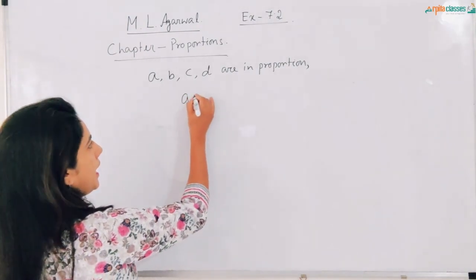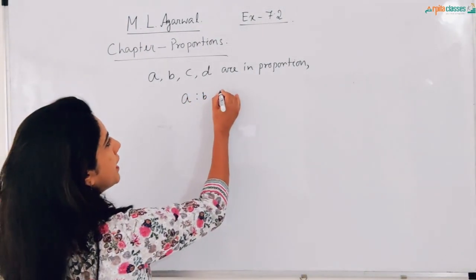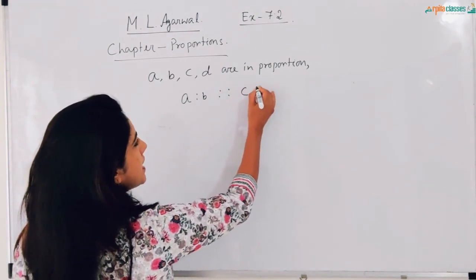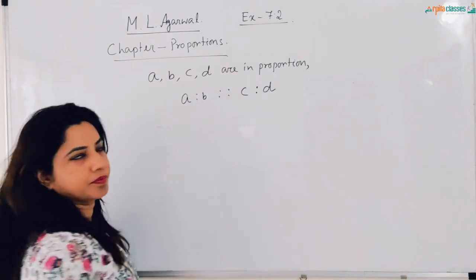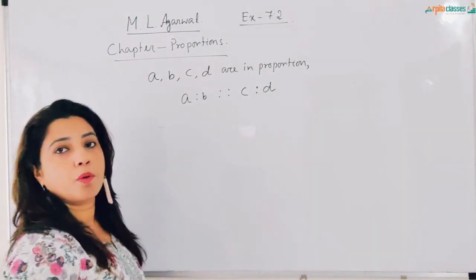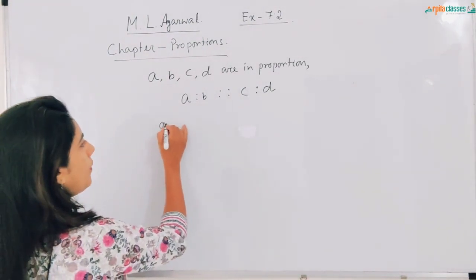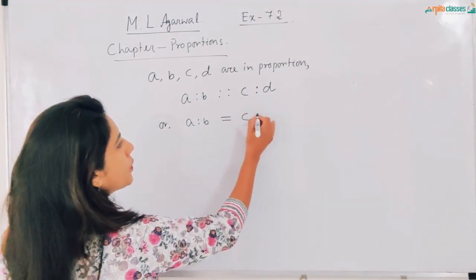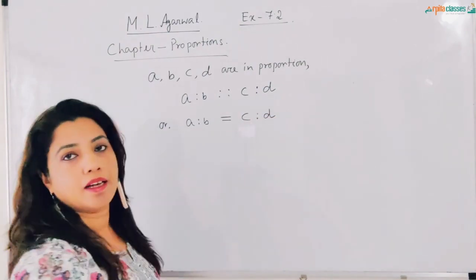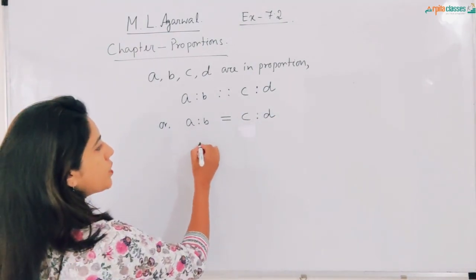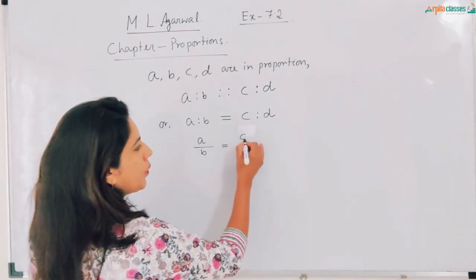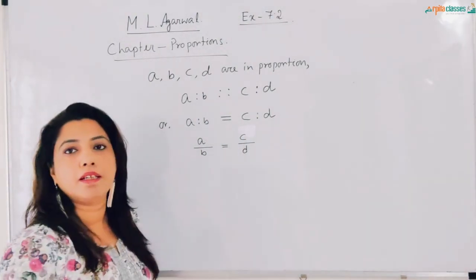We write this way: A is to B is equal to C is to D. If the numbers are in proportion, we write it this way. Now, A is to B means A upon B should be equal to C upon D.